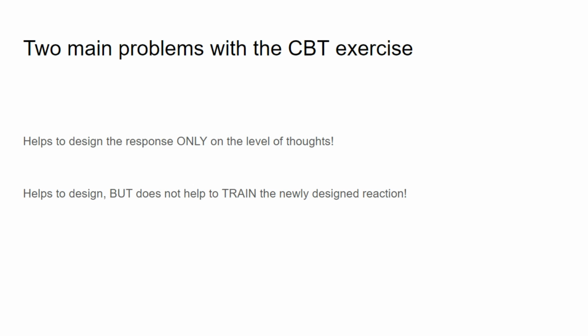I mean, in this exercise, where is the training part, where the path towards this new thought and new emotion gets shortened? Or you always have to run through all these 7 columns, and by repeating this exercise, basically you train this path: first you get the old emotion, then the old thoughts, then you unpackage the old thoughts in arguments for, arguments against, then the balance and the new emotion.